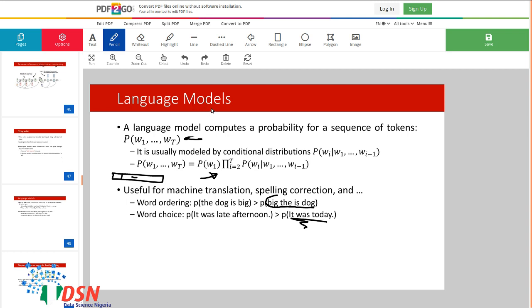So when we train the language model, it means that we want to obtain these probabilities. We could have some kind of recommender system for machine translation, or recommend different words in your sentence to make your sentence more sensible and so on.